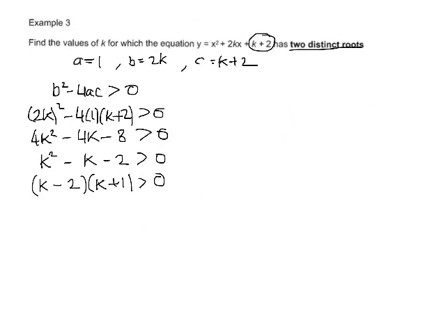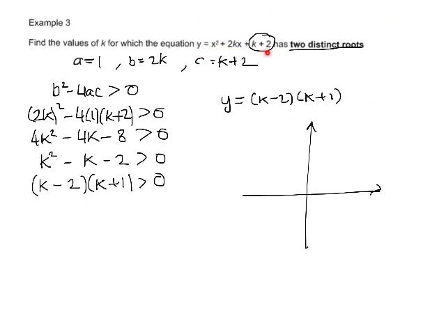And of course, with any quadratic inequality, we now need to sketch the graph of this function. So we need to sketch a graph of y equals k minus 2, k plus 1. So again, this is a different quadratic that we're sketching here to our original equation here. Okay, so our critical values are 2 and minus 1.